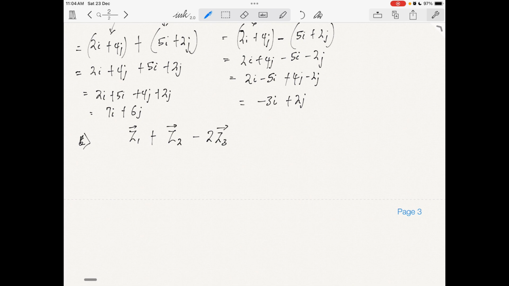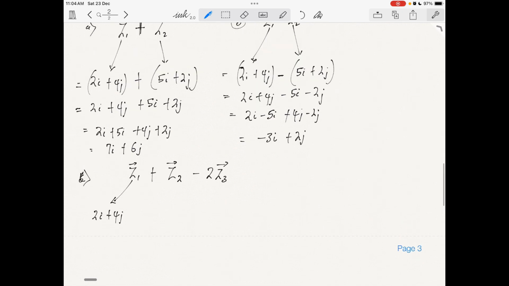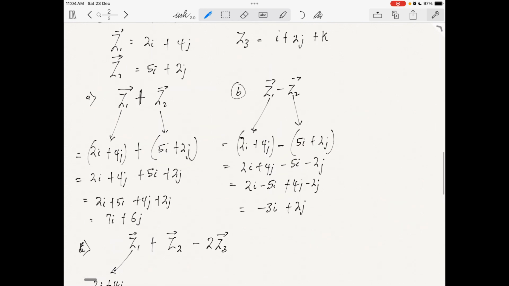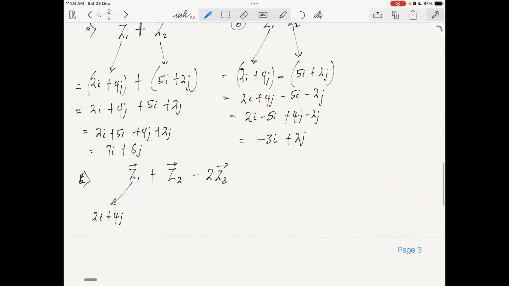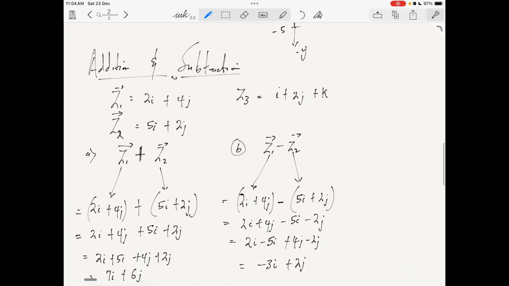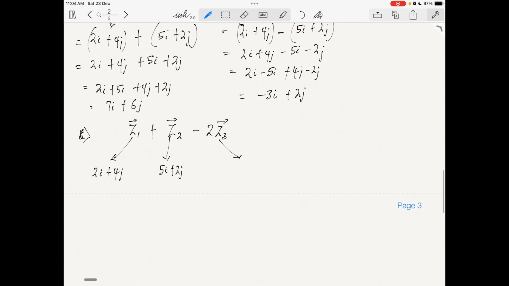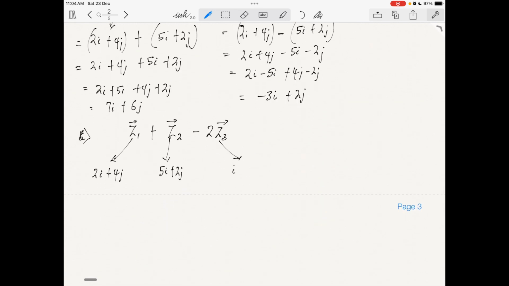So z1 is 2i plus 4j, z2 is 5i plus 2j, and z3 is i plus 2j plus k.